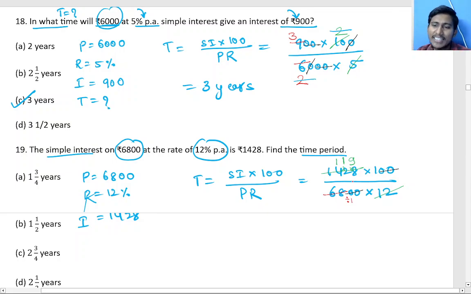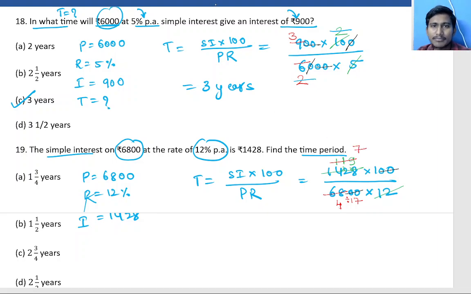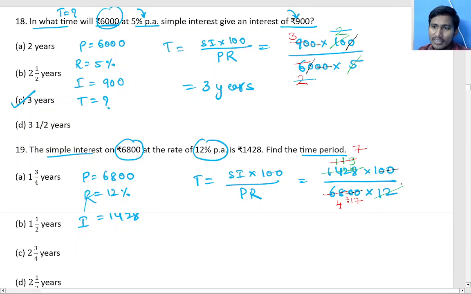Here also 119 is there, so 17 sevens are 119. So 7 by 4 remains. 7 by 4 means 1 and 3 by 4 is the answer.